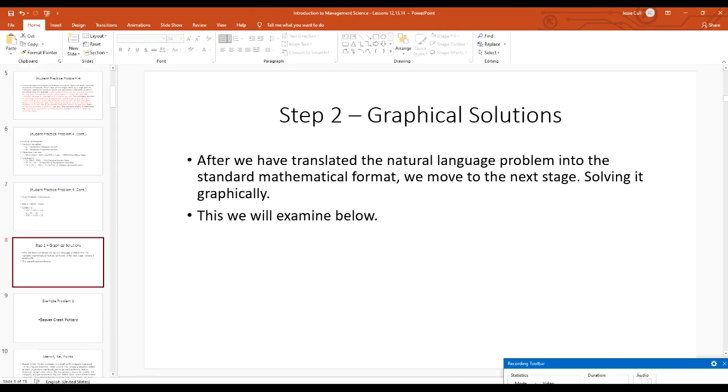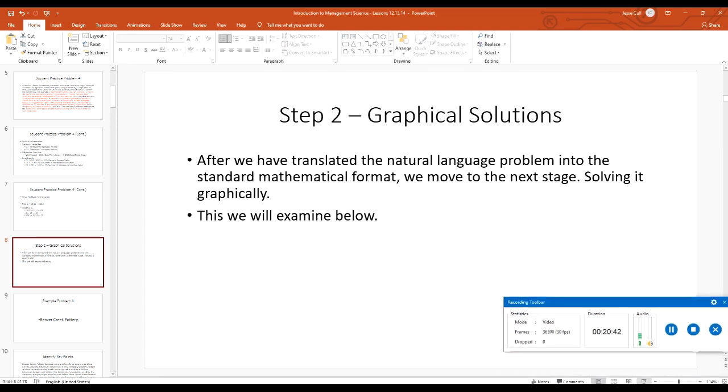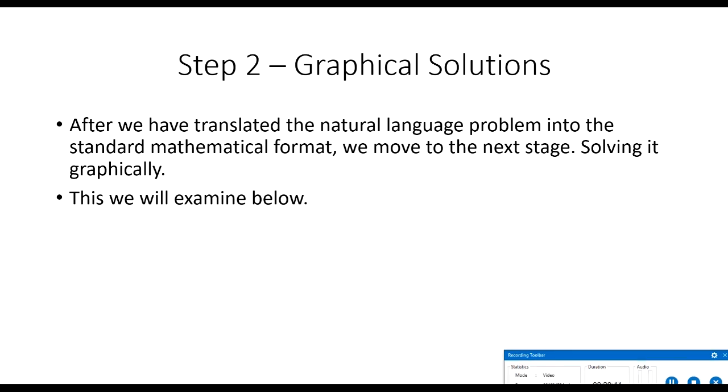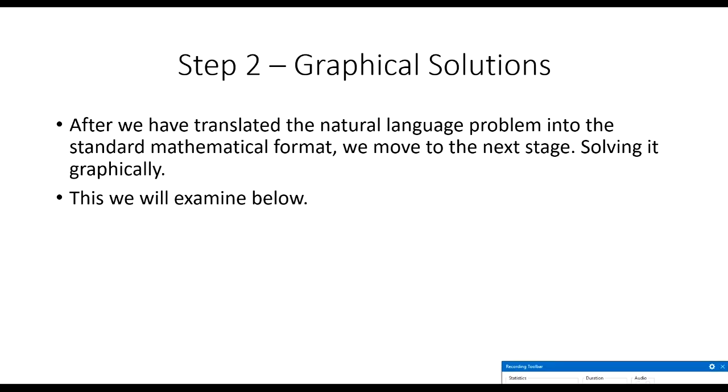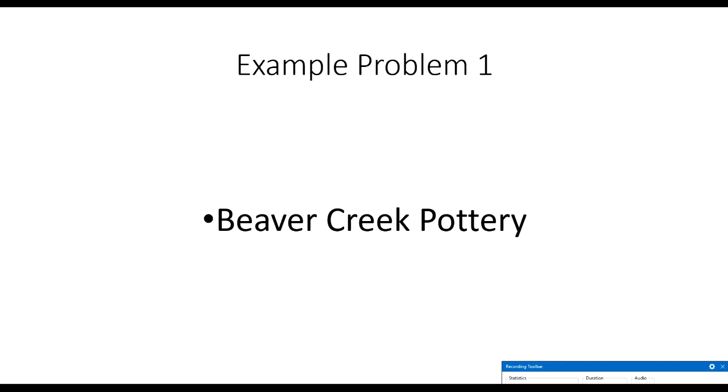So after we've translated the natural language problem into the standard mathematical format, we move to the next stage, which is solving graphically. This we will examine below. To do that, we're going to look at an actual problem. This is the Beaver Creek pottery example.